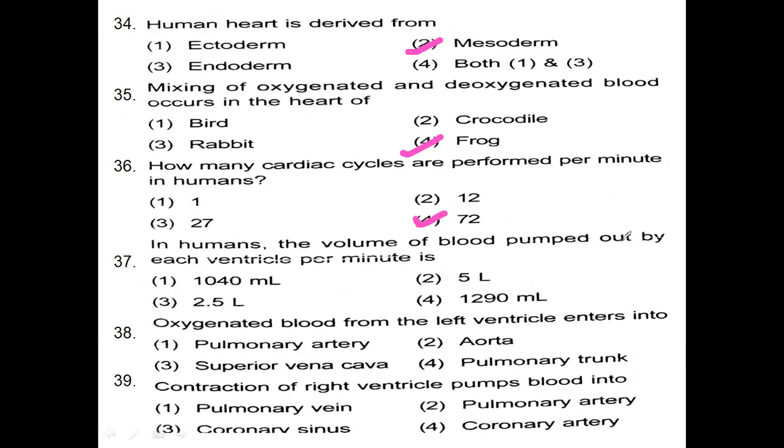In humans, the volume of blood pumped out by each ventricle per minute is about 5 liters.